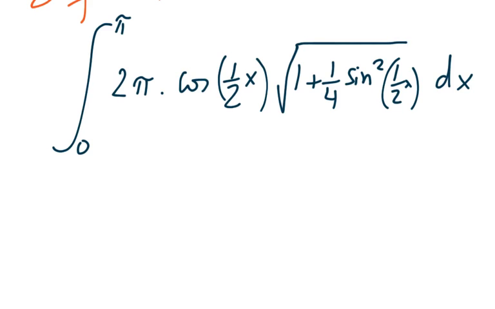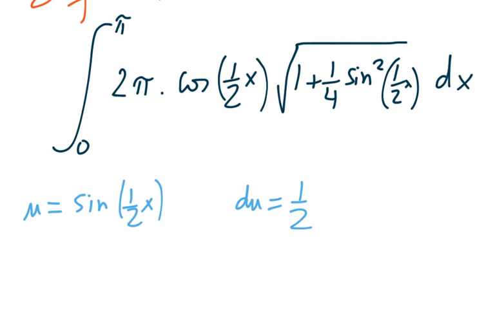So what we're going to do here is let u equal sine of 1/2 of x. In this case, du would be 1/2 cosine 1/2 of x dx, which we almost have here.